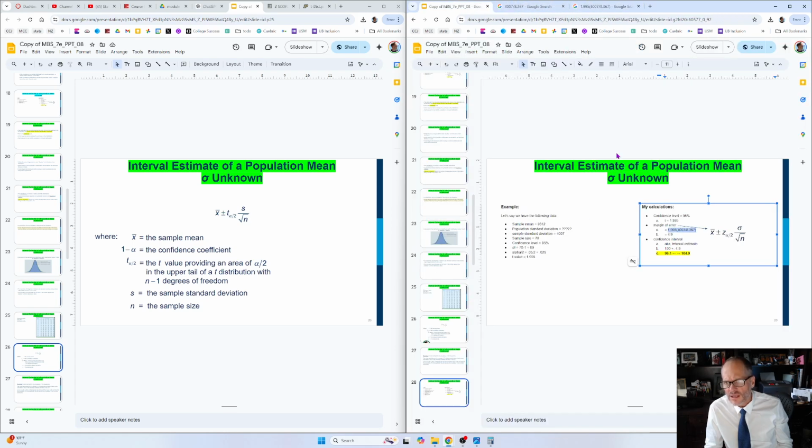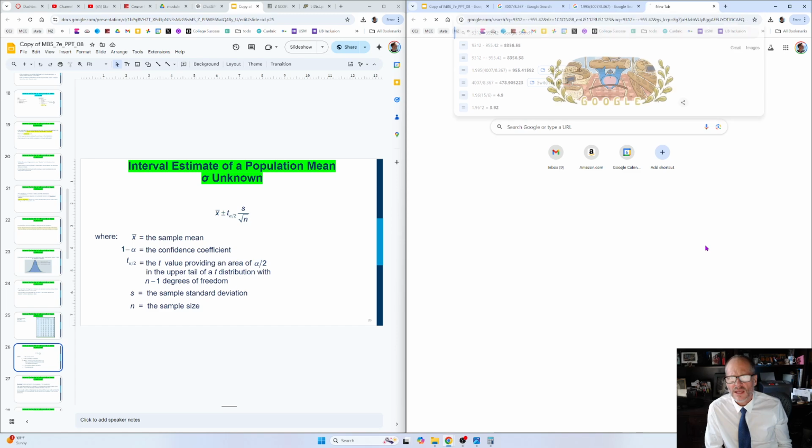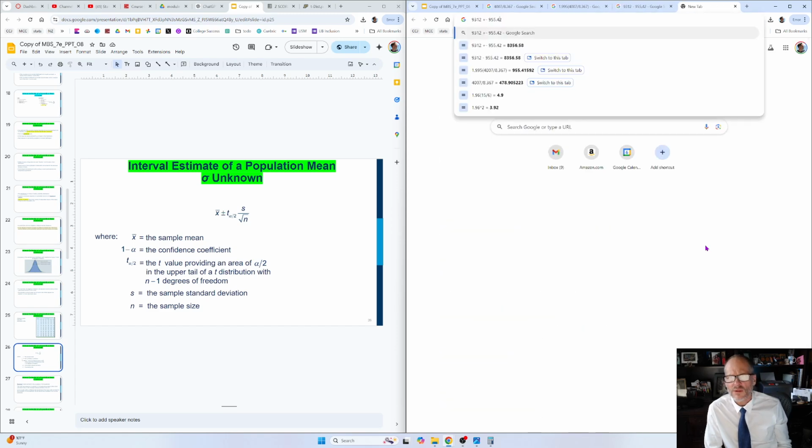Okay, rounding. So we're going to do 955.42. And the confidence interval, aka the interval estimate, is going to be our sample mean, which is 9312, plus or minus 955.42, which means if we do this, I'm just going to bring this up here, and we'll do minus, and then we'll do that once more, and we'll do plus.